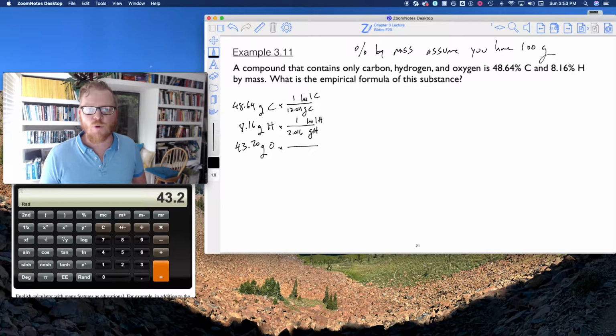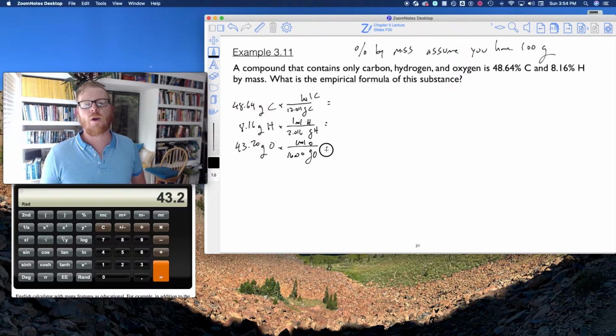Let's write this out so you can see it a little better. 1 mole hydrogen. Then 43.20 grams oxygen, and I've got to go grams of oxygen to moles of oxygen. In 1 mole of oxygen, there's 16.00.